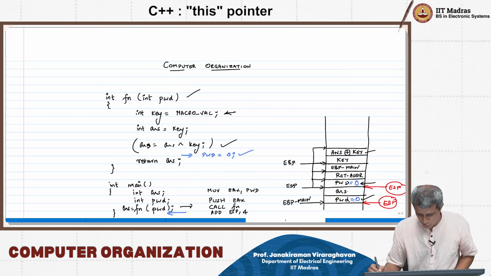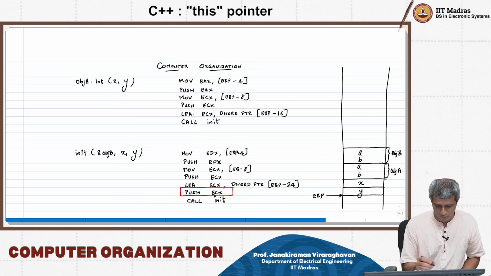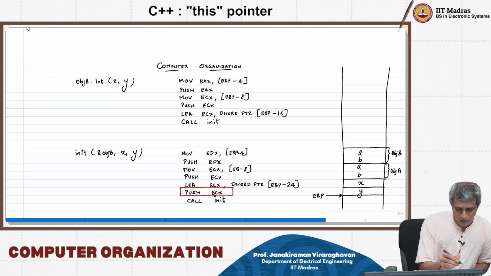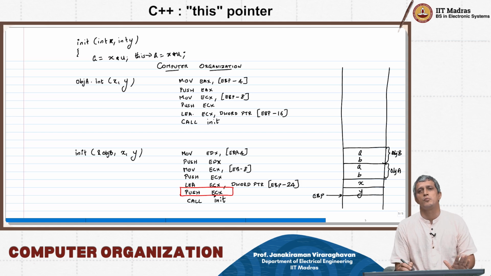Inside this function init of int x comma int y, when I say a equal to x into u, it means this arrow a equal to x into u. Implicitly this is what it means.